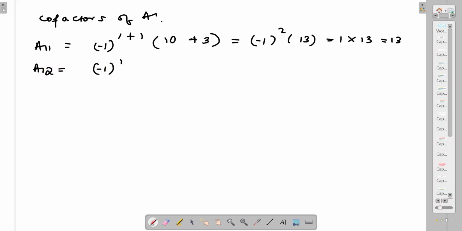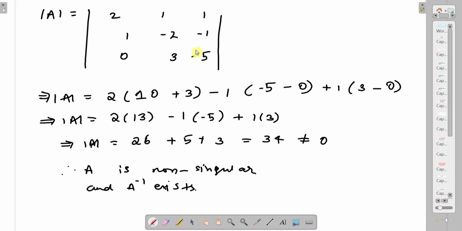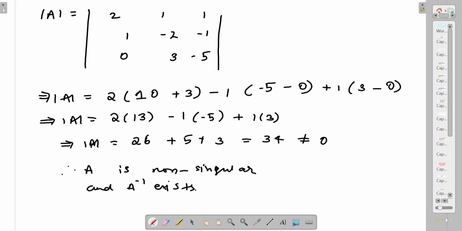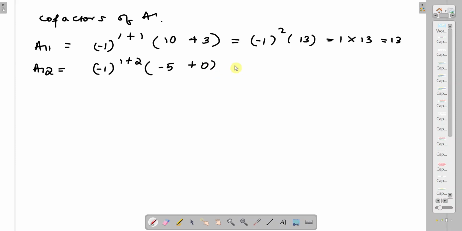Okay, then A12 will be what? Minus 1 raised to 1 plus 2. You have to hide the first row in the second column. Minus 5 times 1 is minus 5, then 0 times minus 1 is 0. This will be equal to minus 1 raised to 3 multiplied by minus 5. So minus 1 multiplied by minus 5, which is 5.